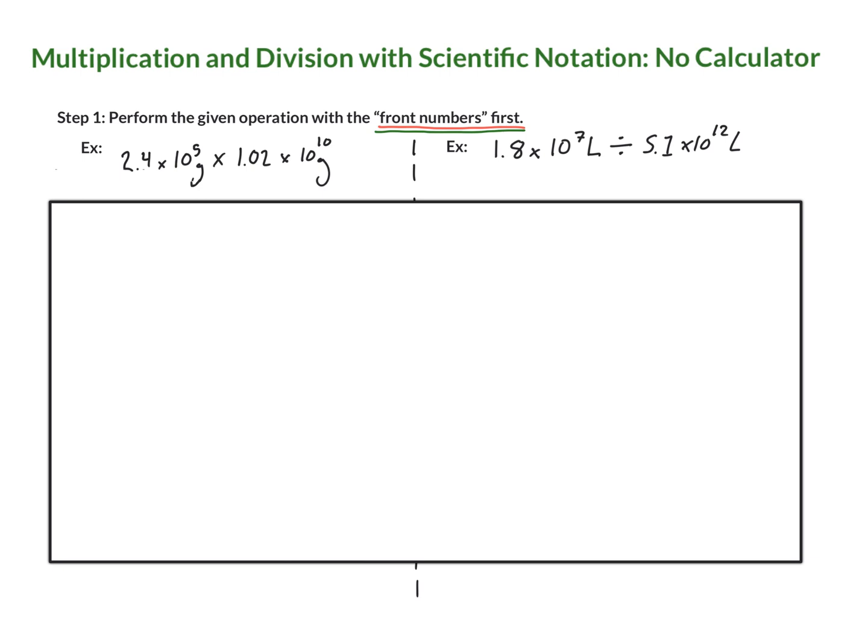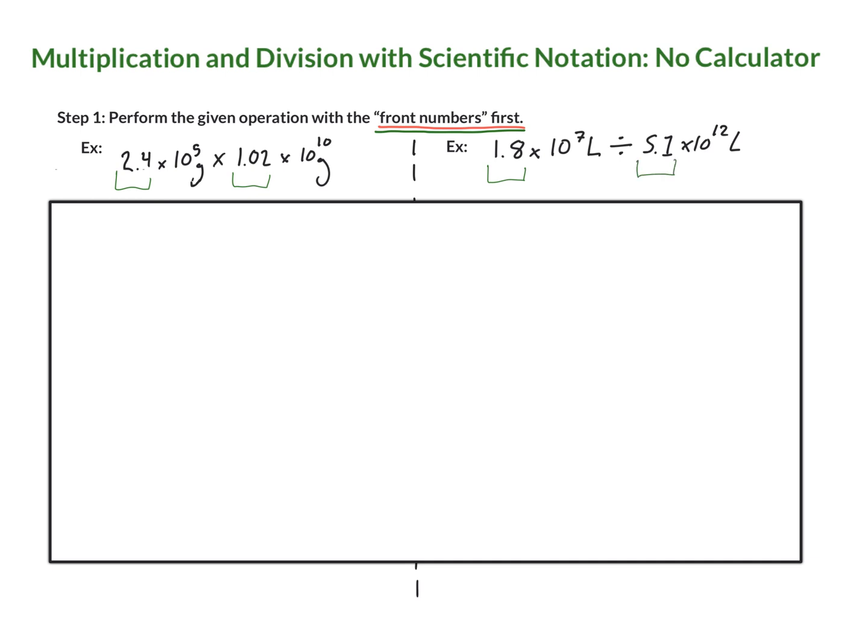Okay? So what we do for both of them, regardless of the type of math, is we perform the given operation with what we call the front numbers first. Now what I mean by the front numbers are these guys, the numbers without exponents of base 10.